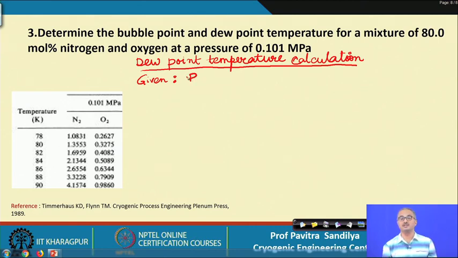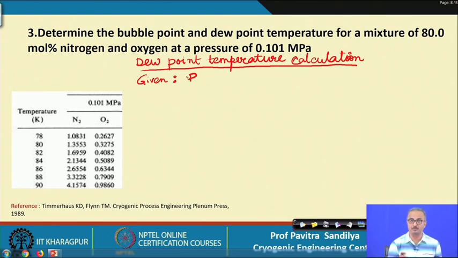and because it is a dew point calculation, that means we want to find out that as the vapor is cooled at a given pressure, the temperature at which the first liquid drop is formed and what is the composition of that liquid drop.